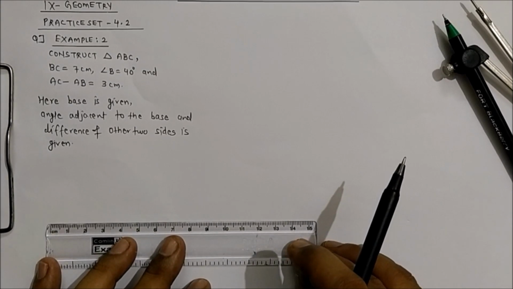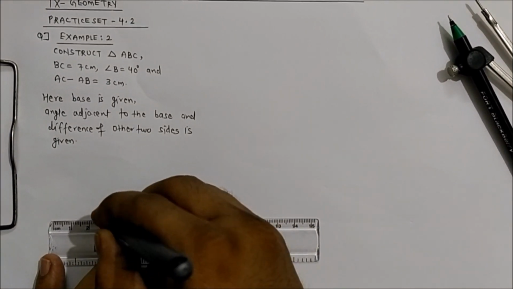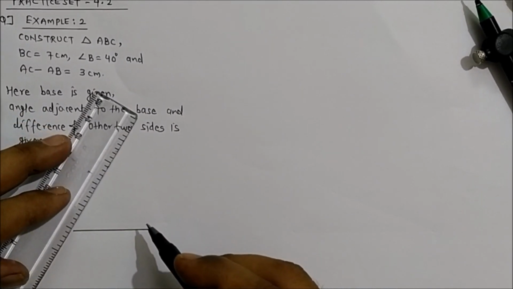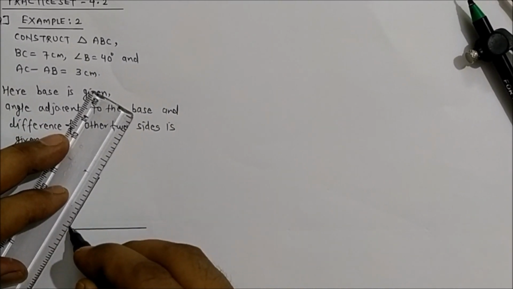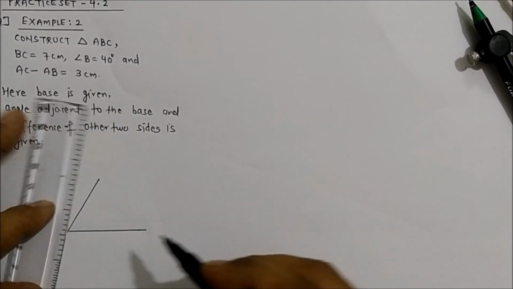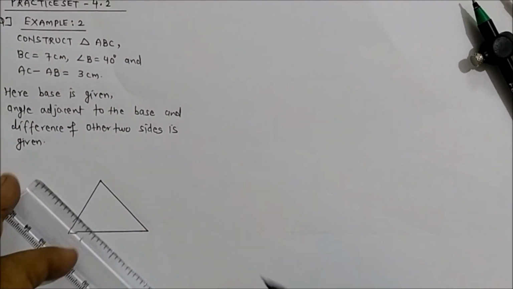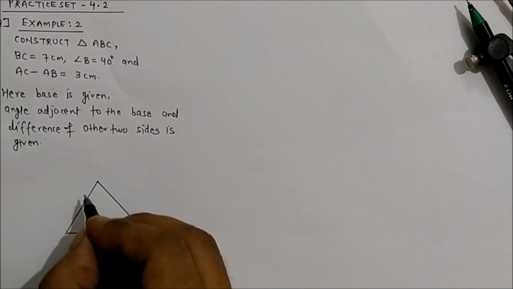First we draw a rough figure for this. So this is one triangle we have drawn, triangle ABC.